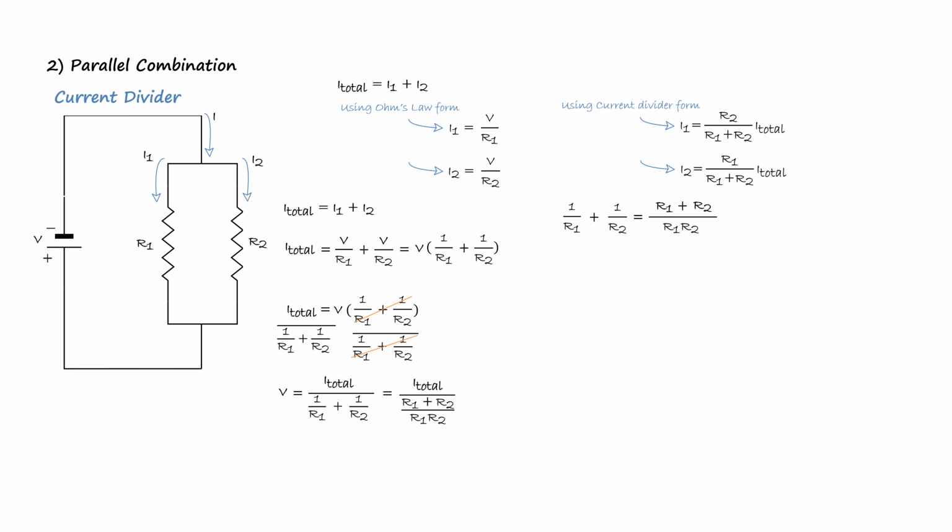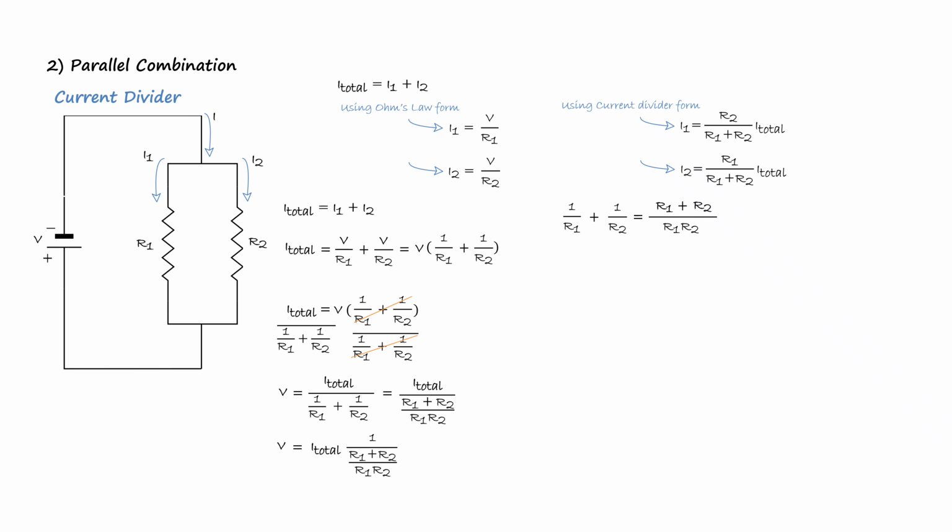And this means same as V is equal to I total times 1 over R1 plus R2 over R1 times R2, right?